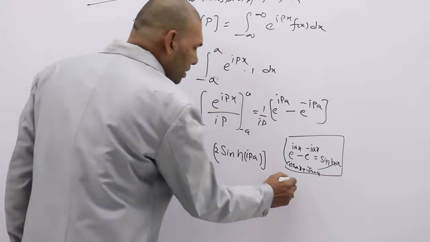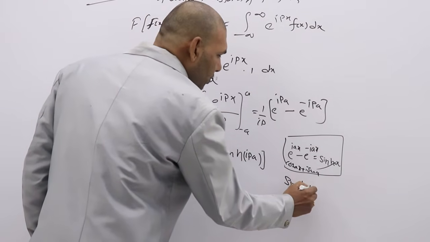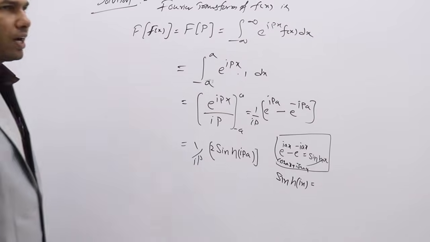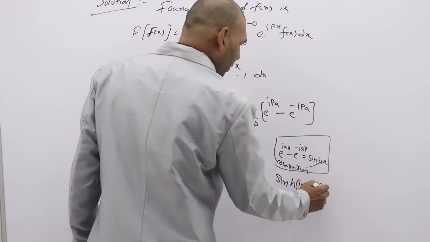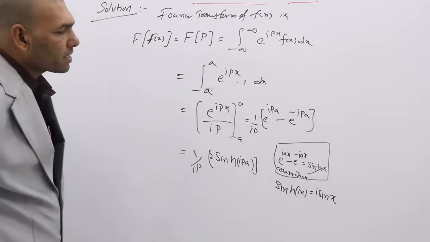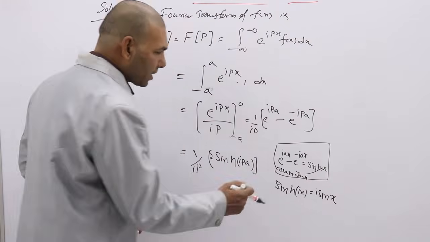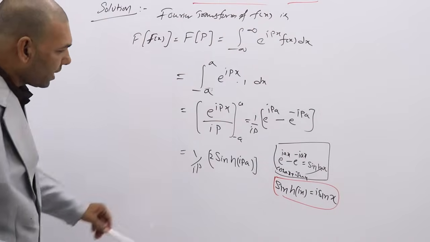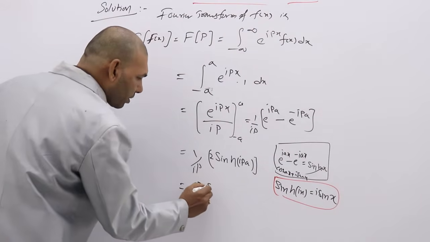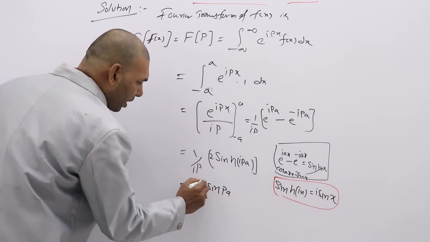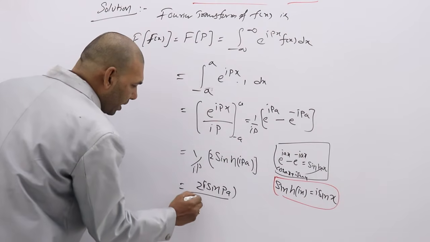Again we know sinh of ix can be written as i sin x. This is the important one. We use this here to cancel. So what you will get? 2 i sin(pa) by ip.